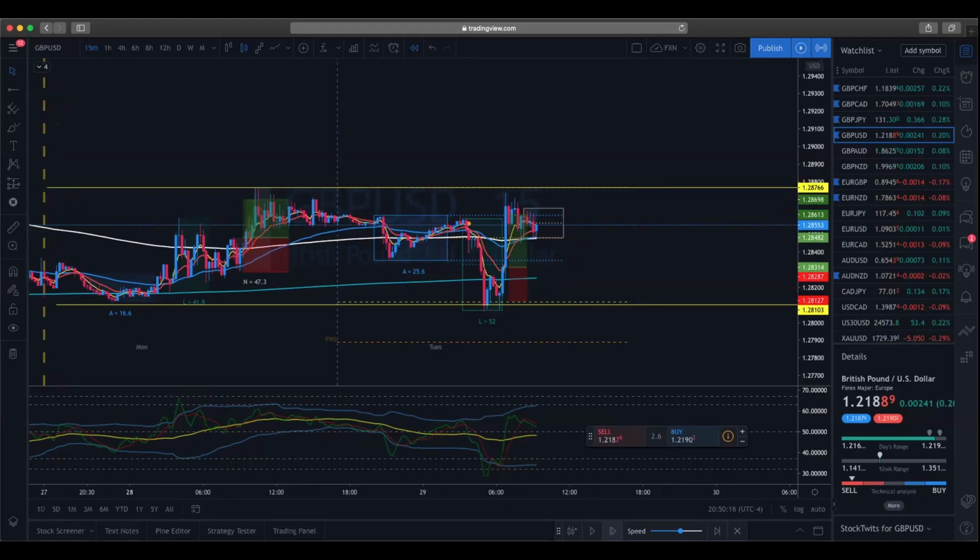Where is it getting rejected from? By the 50 and the 200, right? The EMA is a bigger EMA, so the 50 and the 200 and the middle of the range as well, is getting rejected essentially.